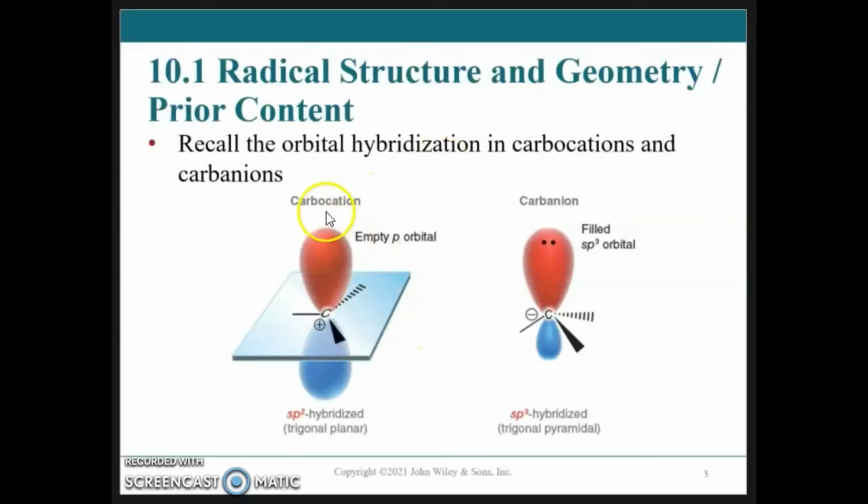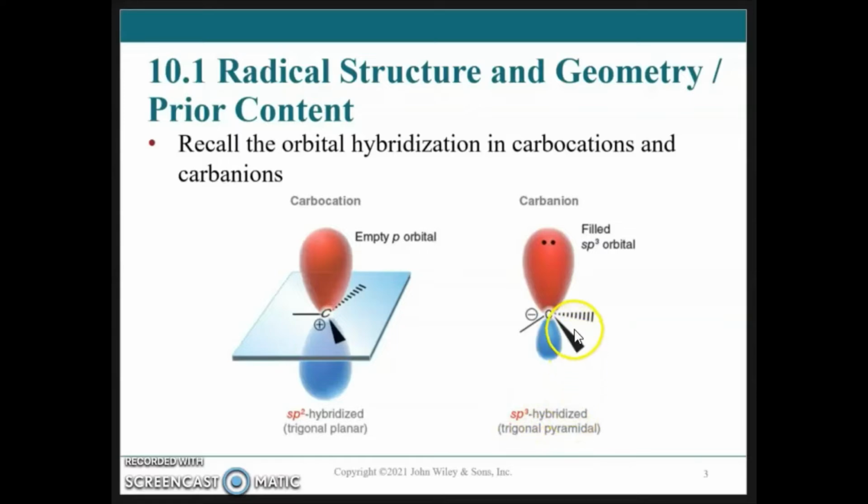Now, looking at the carbocation, which is sp2 hybridized, we have 3 bonding pairs of electrons. There are no other electrons, so the third p orbital is not hybridized, and it is empty. And the sp2 hybridized carbon is planar, trigonal planar. When we contrast that with the carbanion, we have an unshared pair of electrons that remain with the carbon in the carbanion, and it is sp3 hybridized.